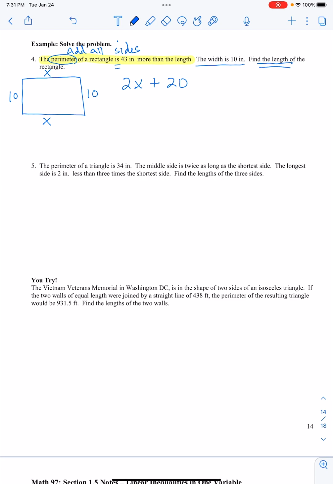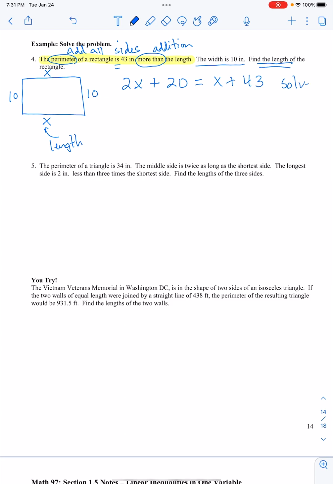Is means equals, so we would say equals 43 inches more than the length. More than means addition, and it's 43 more than the length, and the length we represented by x. So we would say x plus 43.